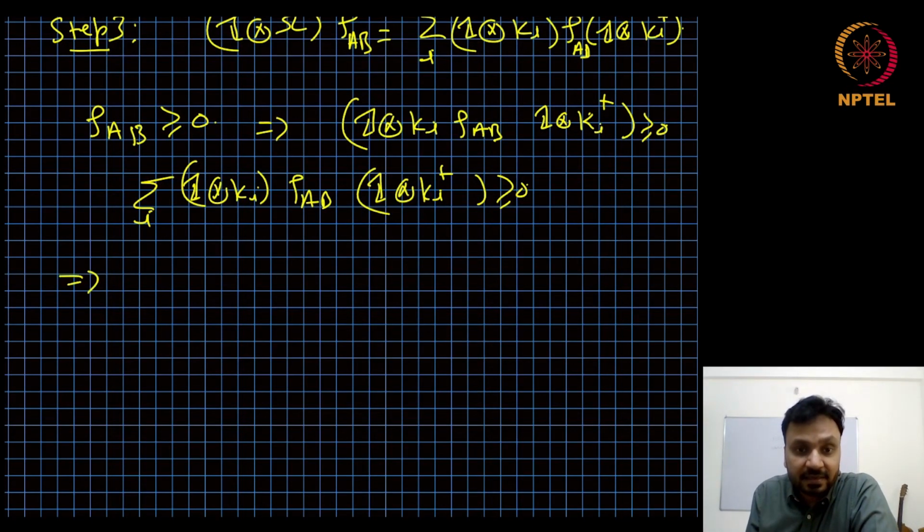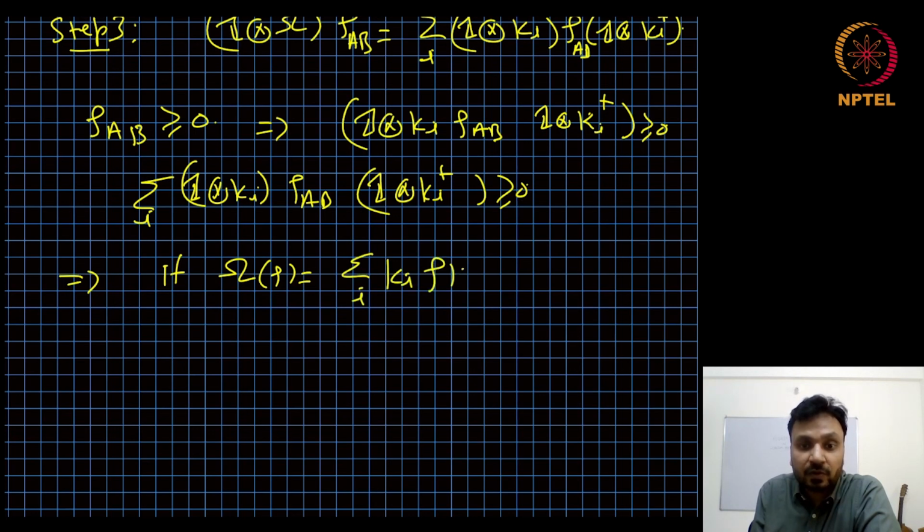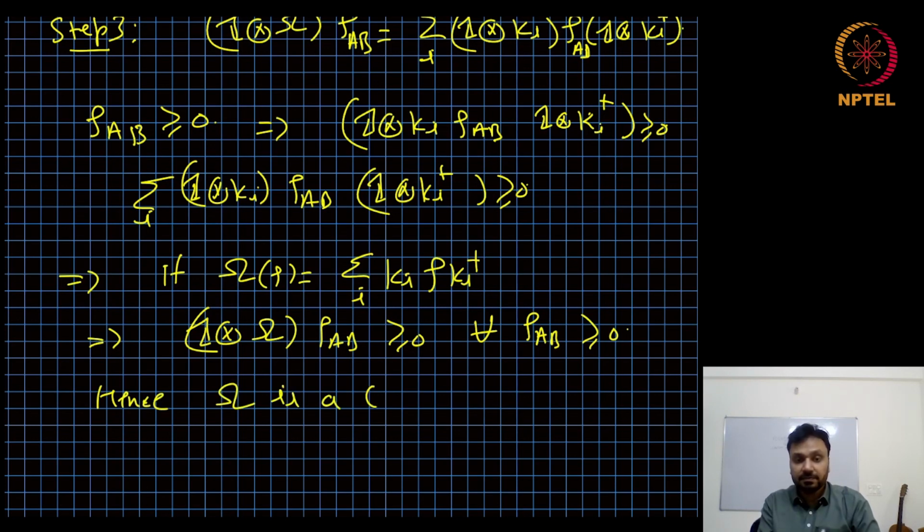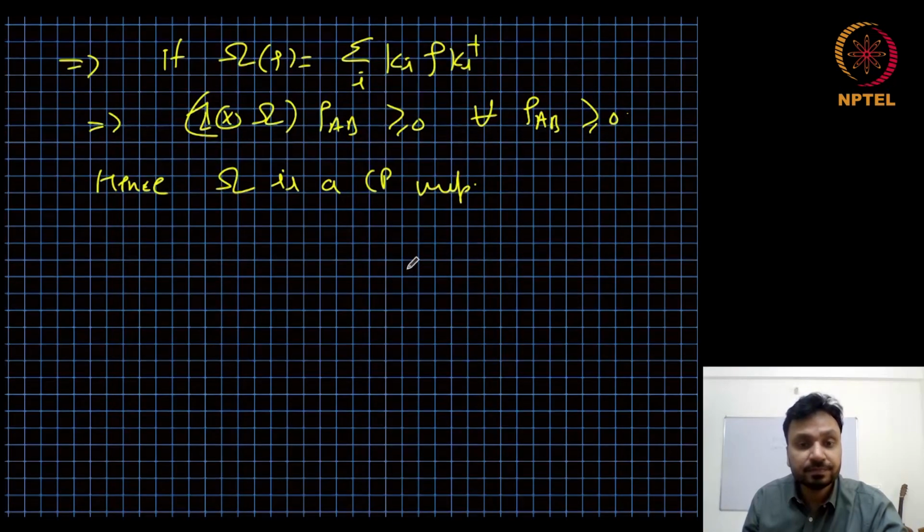This implies that if omega of rho is sum over i of K_i rho K_i dagger, then identity tensor omega acting on rho AB is positive for all positive rho AB. Hence, omega is a completely positive map. So that's the proof of the first theorem.